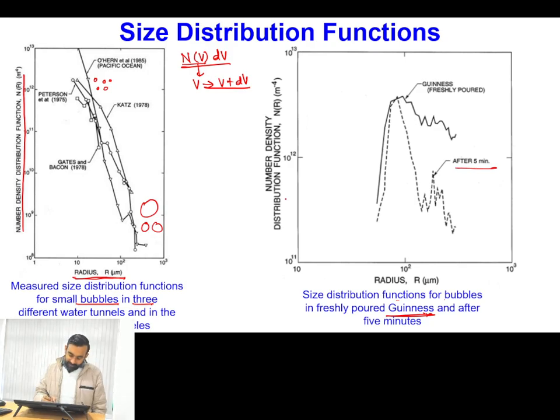Here you can see that in the number distribution function when freshly poured, the number in lower sizes was less and the number in larger sizes was more. But when you look at the distribution after 5 minutes, the number in the lower sizes has stayed almost the same, whereas the number in larger sizes has decreased.